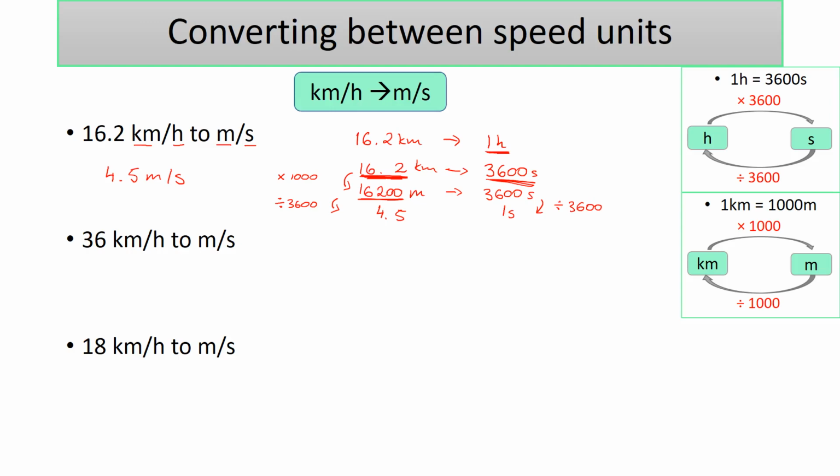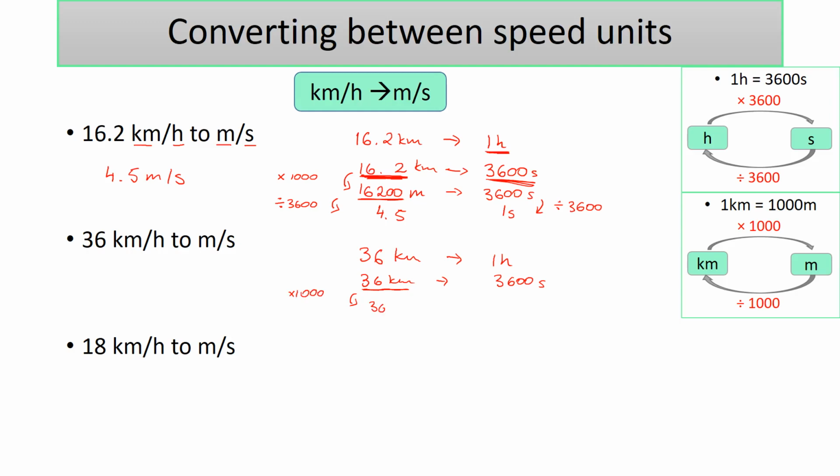In the next example, we'll have to do the same. So that's 36 kilometers in 1 hour. So that is 36 kilometers in 3,600 seconds. Now I want to express this distance in meters, so I need to times it by 1,000.